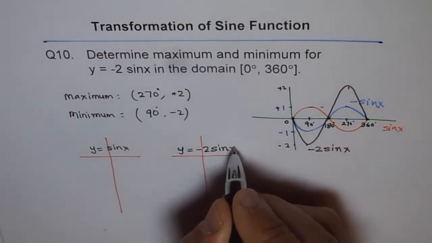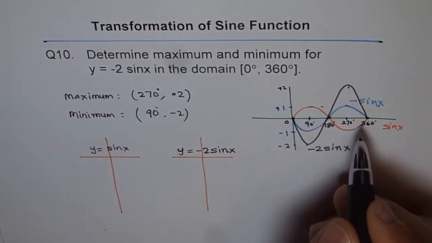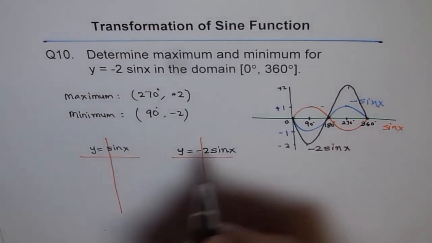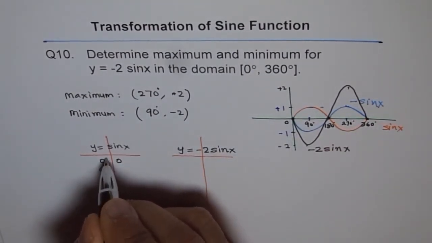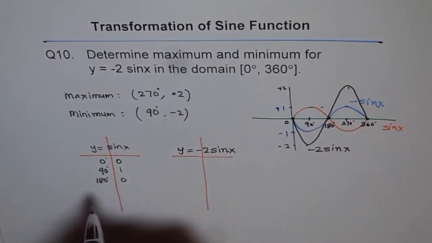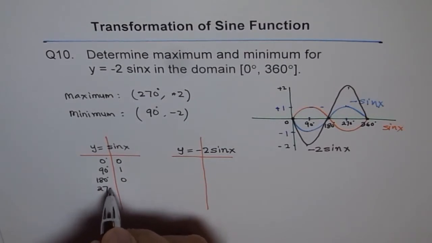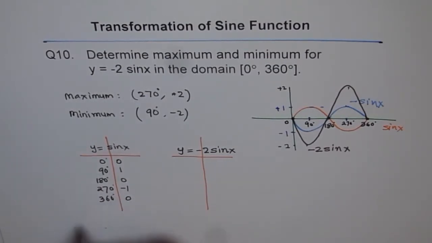Now, initially, let's consider this orange graph y equals to sine x. So we have the coordinate points at 0, we have 0. 90 degrees, we have 1. 180 degrees, 0. 270 degrees, minus 1. And at 360 degrees, we have 0.